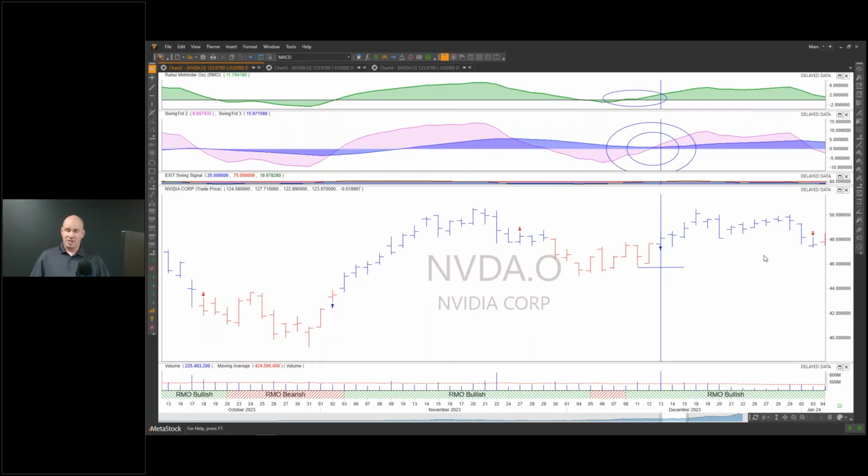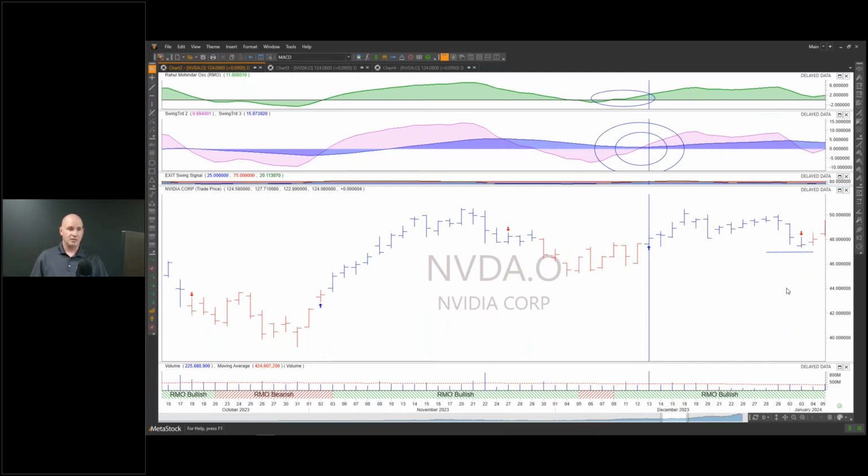So a couple things we could do. Now Rahul teaches when all 3 of these criteria go against you, that's definitely an indication to get out. But along the line here, we also want to protect our profits. So maybe because we've got a stop set back here, and we've got a little bit of profit, we might want to set our stop over here. So let's just set our stop and let's see what happens.